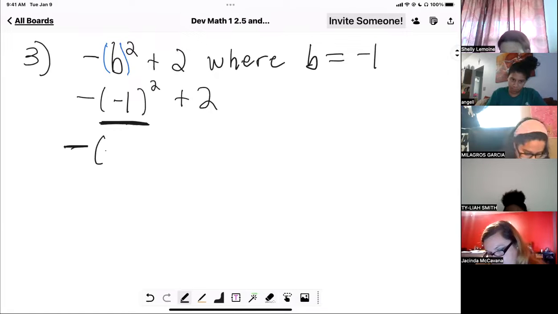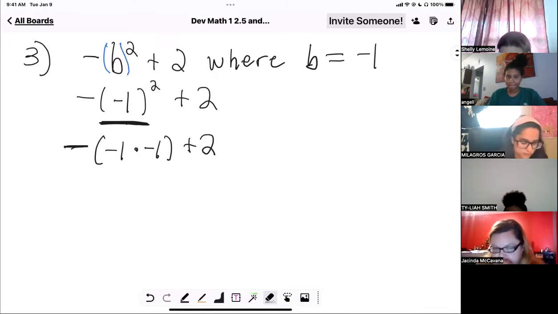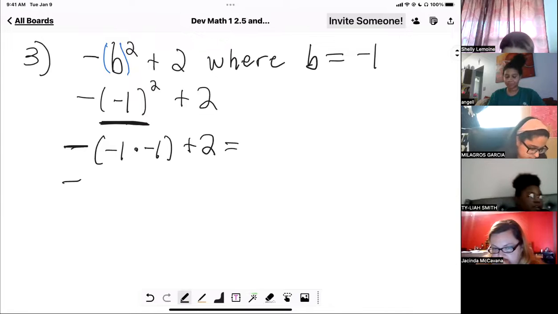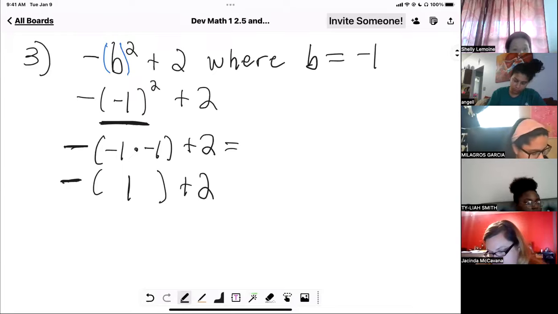Let's try this: -1 times -1. That's what something squared means, 2 of them, right? So if I have -1 squared, I really have -1 times -1. If I had 4 of them, it'd be 4 of them, etc. So the negative is still hanging out. -1 times -1 is +1, plus 2.